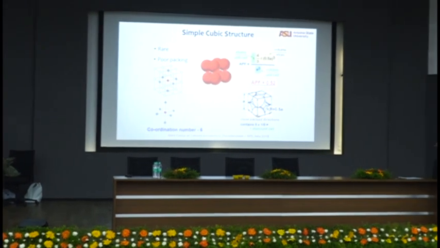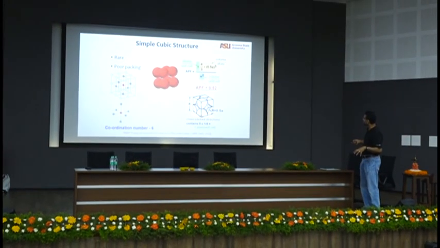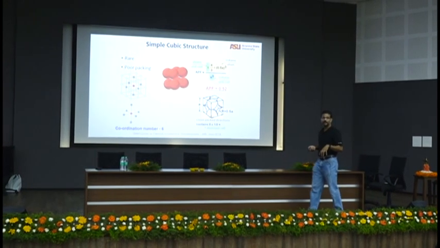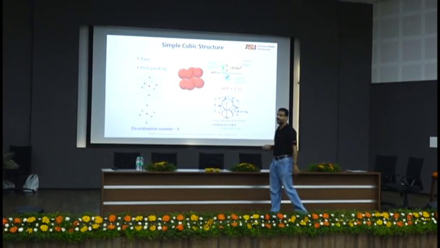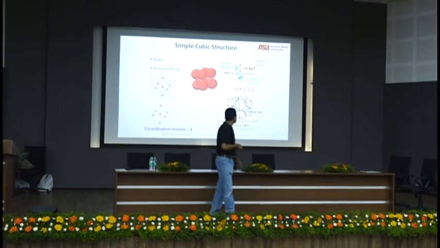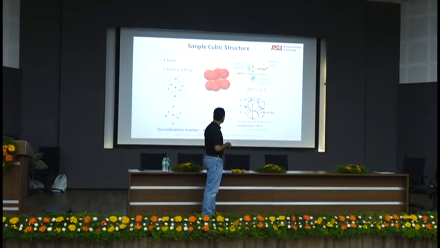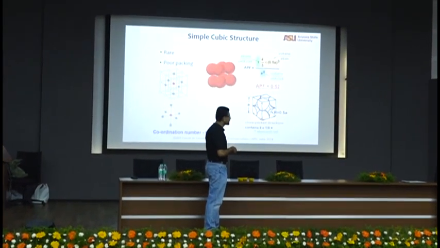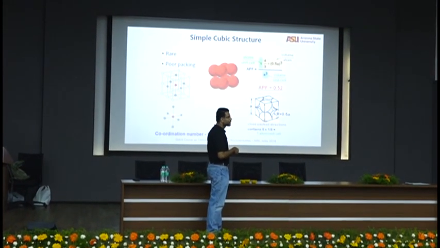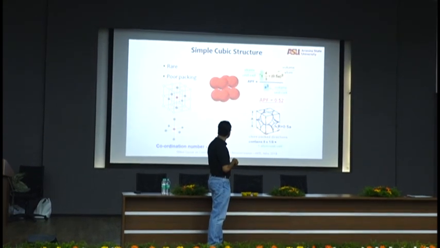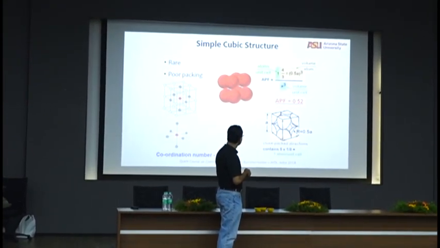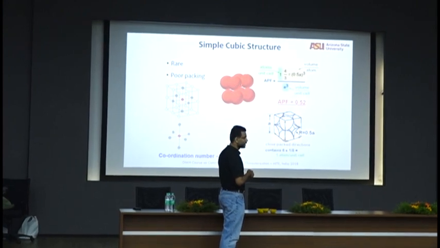How many particles do I have inside the cube on one side? How many? No, just look at this picture. How many particles do I have inside the cube on one corner? So here is one particle on that corner. The center of the particle is the corner of the cube, right?